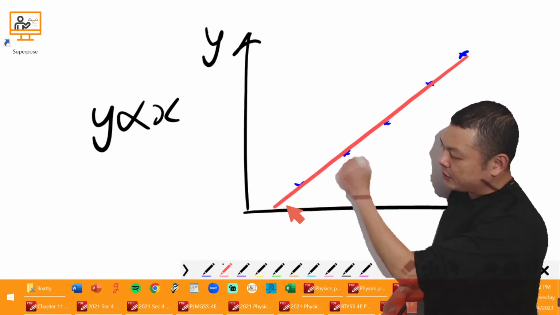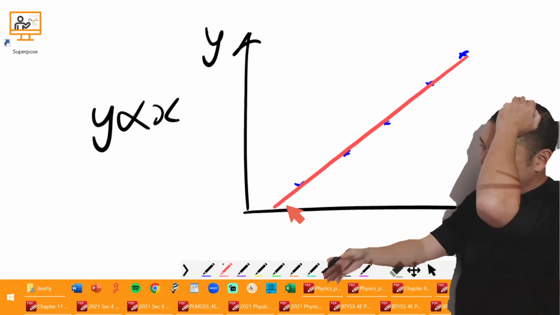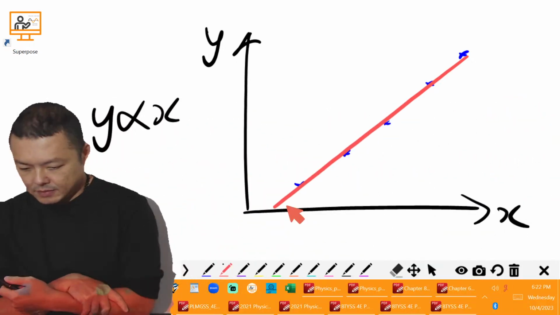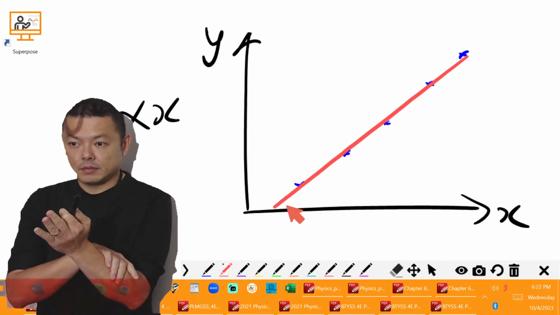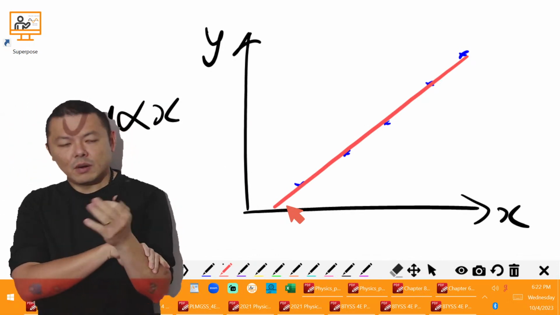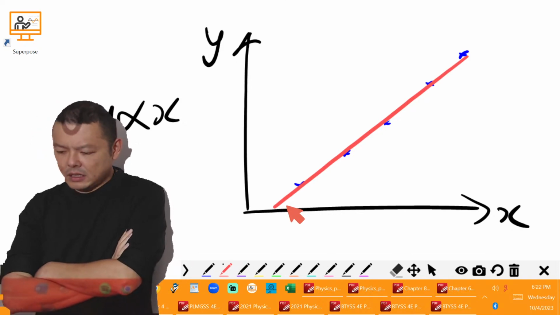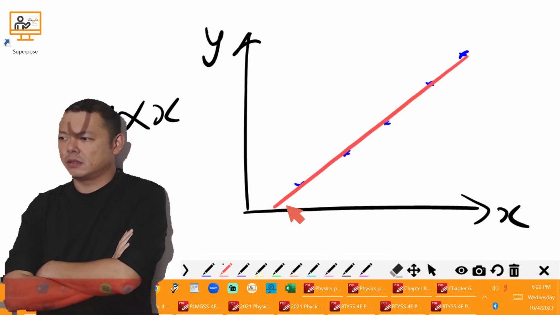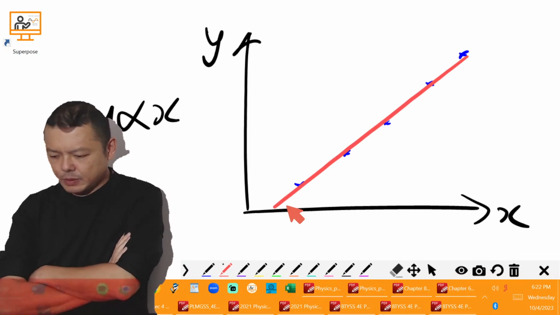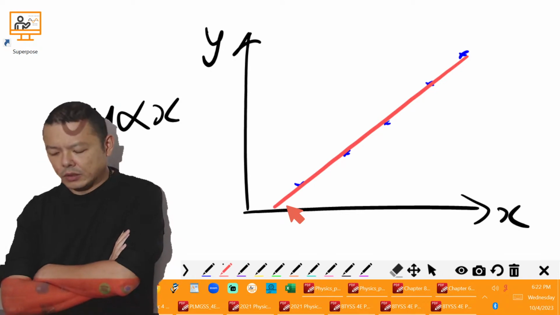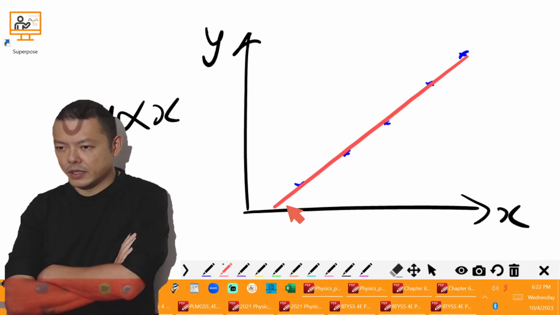Do you force it through the origin, or draw it based on your data points? I would force it through the origin. Why? Data takes precedence, you know. Data always takes precedence. I would just draw based on the data.